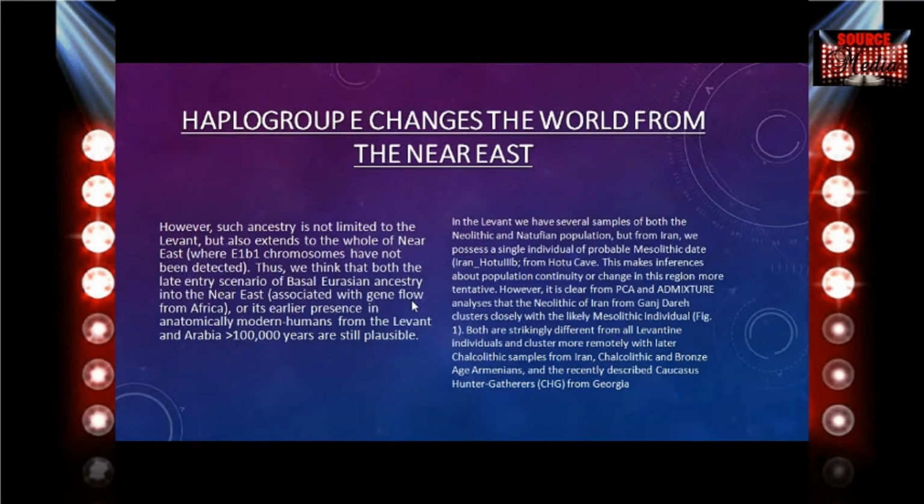Both are likely different from all Levantine individuals and cluster more remotely with the later Chalcolithic samples from Iran, Chalcolithic and Bronze Age Armenia, and with the recently described Caucasian hunter-gatherers from Georgia. Again, I just said that Hotu 3 individual was basal J and comes from Georgia, the Caucasus.